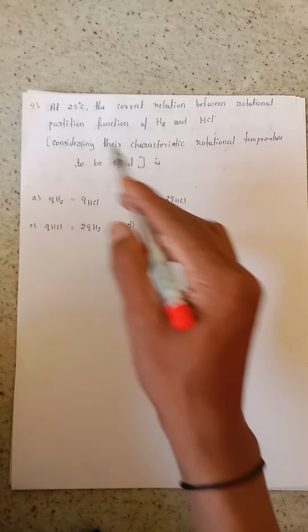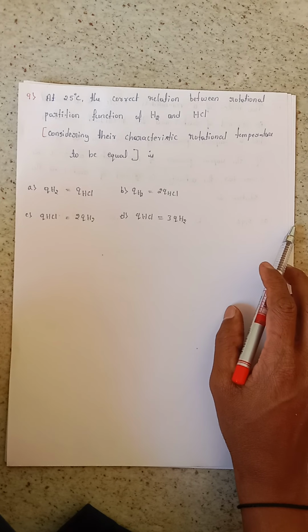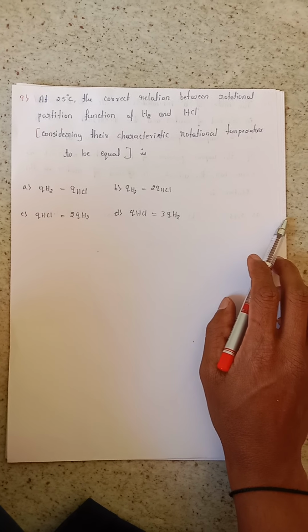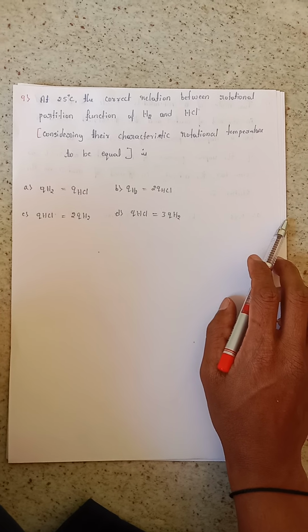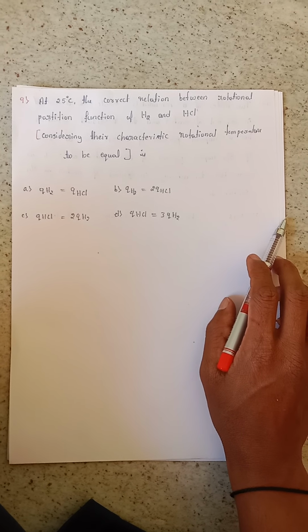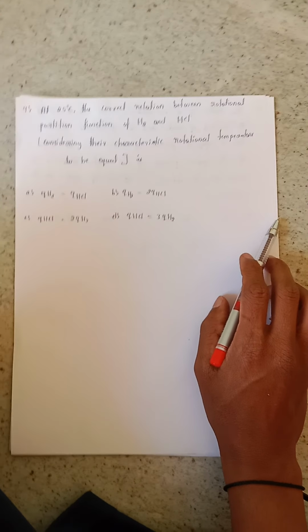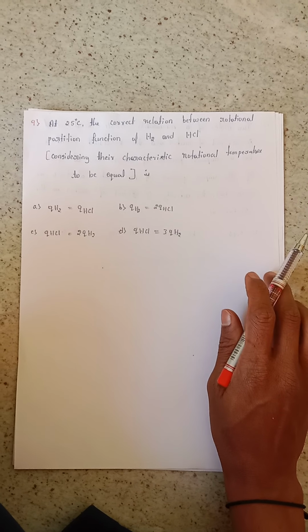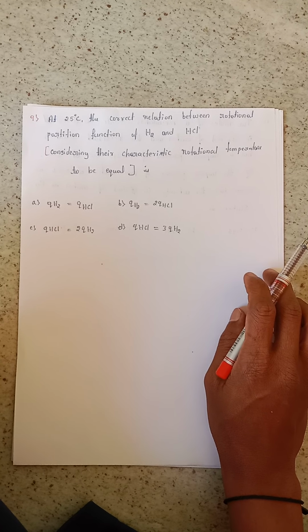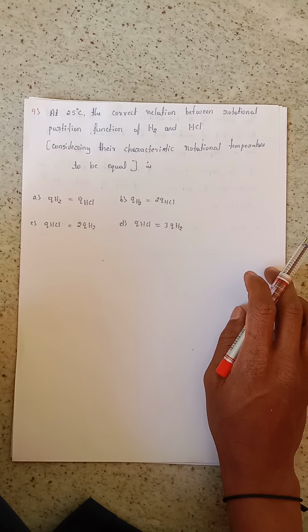Now, question number 9. At 25 degrees Celsius, what is the correct relation between the rotational partition function of hydrogen molecule and HCl molecule? Consider their characteristic rotational temperatures to be equal.